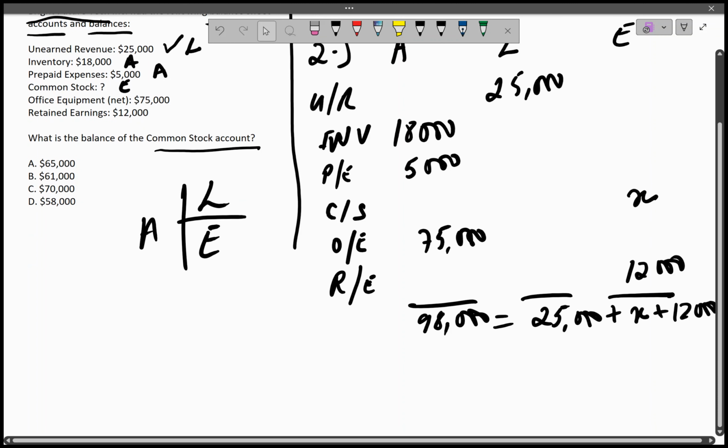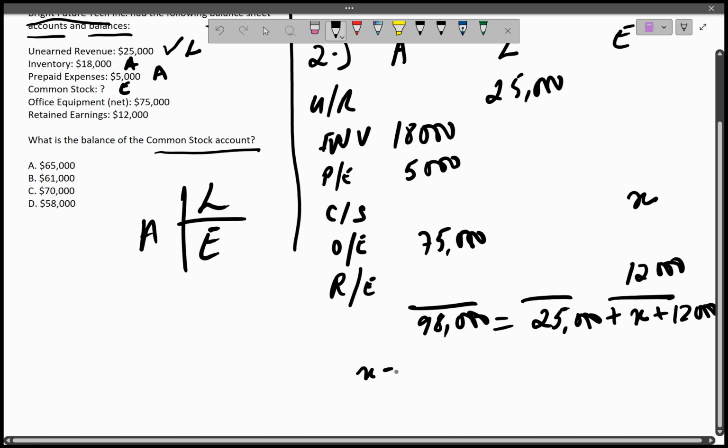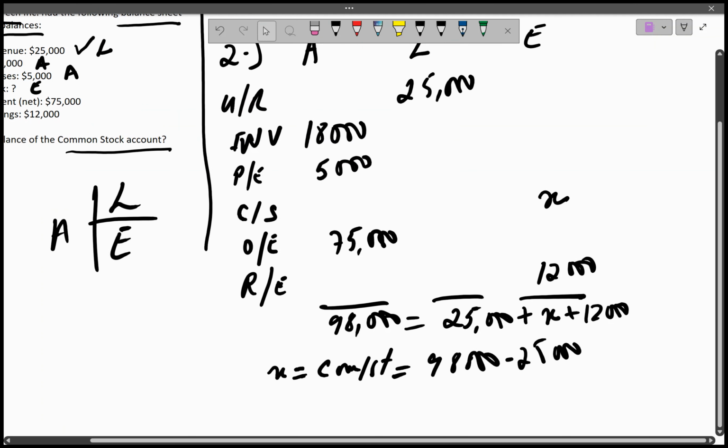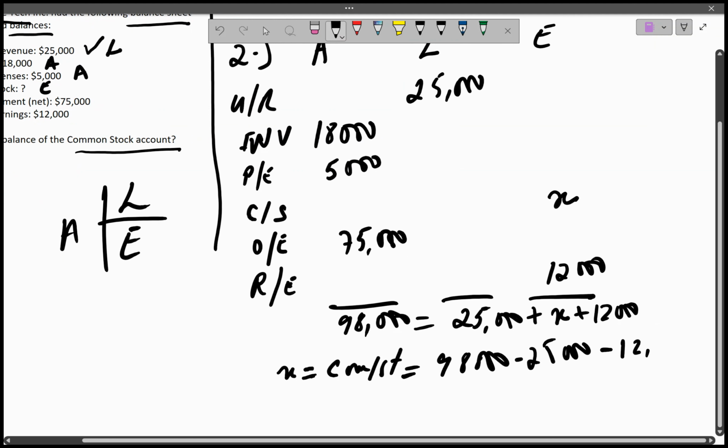X, which is the common stock, equals 98,000 minus 25,000 and minus 12,000.